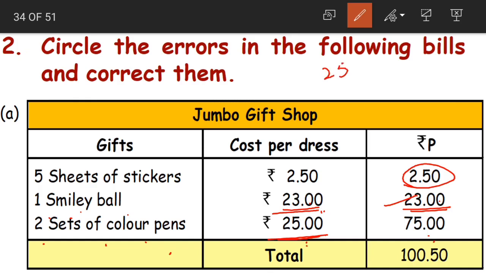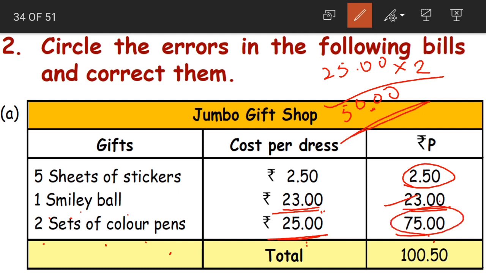It should be 25 rupees into 2. When we multiply, we'll get 50 rupees as our answer. But here what is it? Here we have given 75 rupees. So again this is also a mistake in the bill. So what should be the correct one here? It should have been 50 rupees.